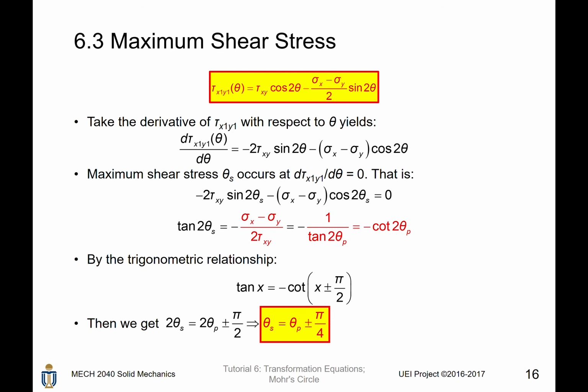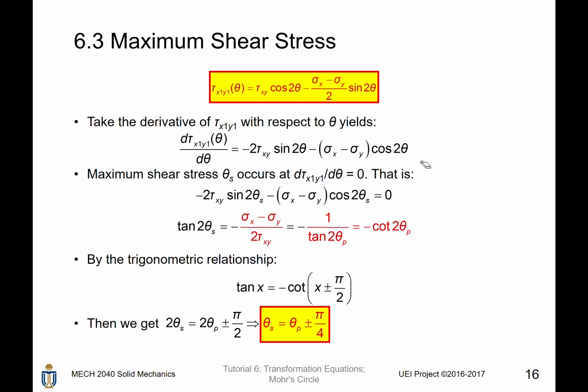Recall the transformation equation of the shear stress. Then we take the derivative of it with respect to theta, just like what we did for the direct stress. Then you will get d tau d theta equals minus 2 tau sine 2 theta minus sigma x minus sigma y cosine 2 theta. We solve it when the derivative equals 0.